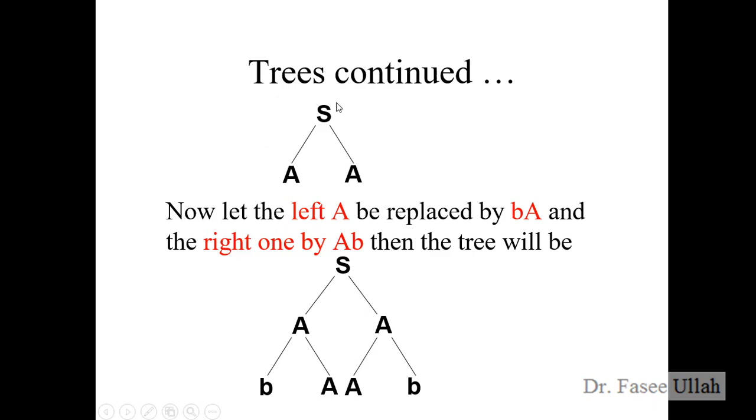So we have the parent node, that is S, and the child nodes A on the left and right. Now the left A can be replaced by BA and the right one replaced by AB.